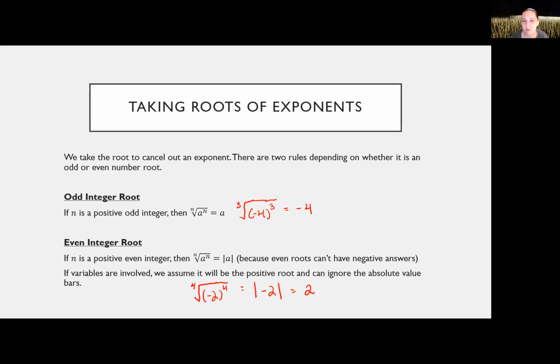So with odd roots, you can get negatives out, and you can have negatives inside the radical. But if it's an even index, basically all of your numbers inside the radical need to be positive, or you have to take the absolute value.